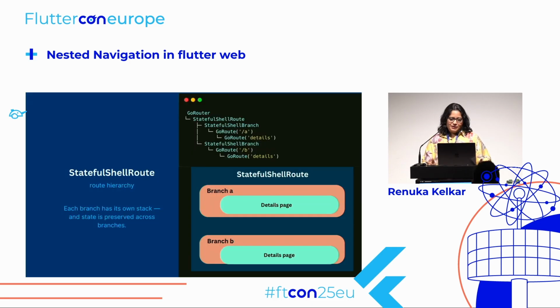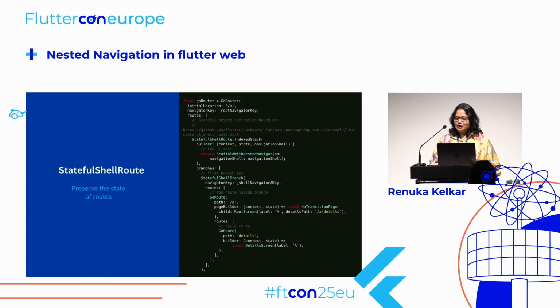You can see here the route hierarchy: the stateful shell route, which has the shell branch, and you can use the go router inside that, and it will have a separate branch and separate navigation itself, and you can easily go from one branch to another branch.